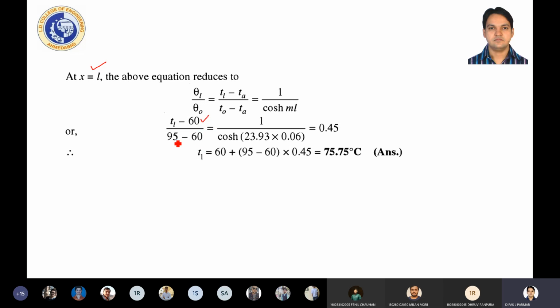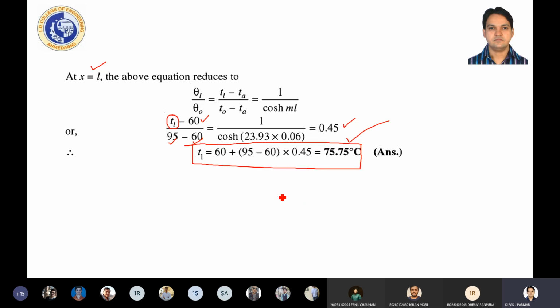Ambient air temperature is 60, base temperature is 95, again ambient air temperature is 60, and TL is the temperature we want to calculate at distance L. You put the values into the equation: 1 upon cosh of 23.93 into 0.06, and the answer comes to 0.45. So TL will be equal to 60 plus this. If you rearrange this, the temperature at x equal to L will be equal to 75.70.